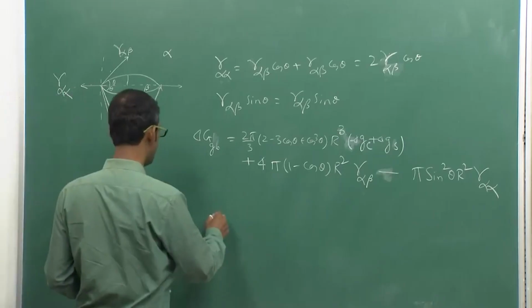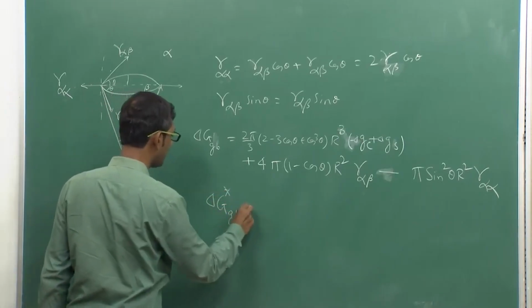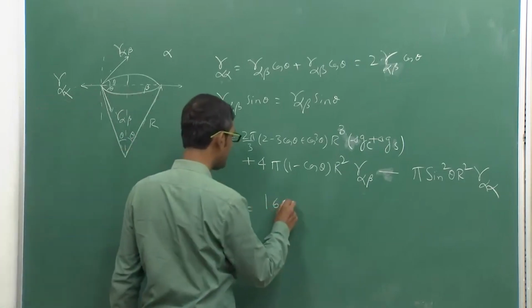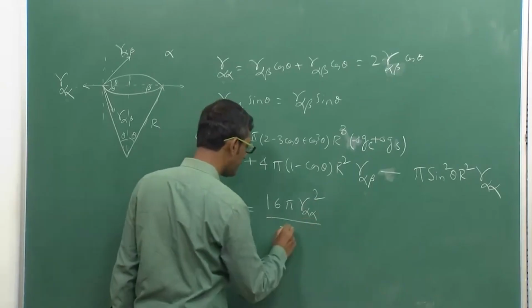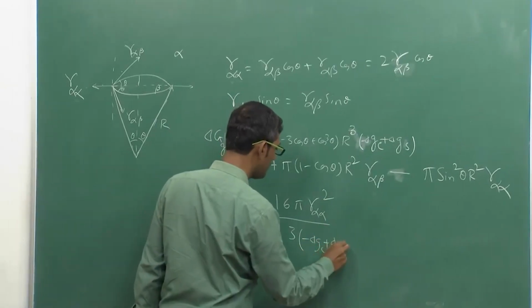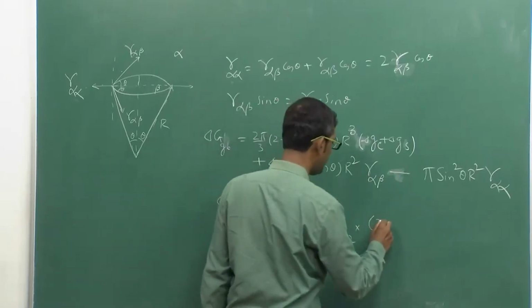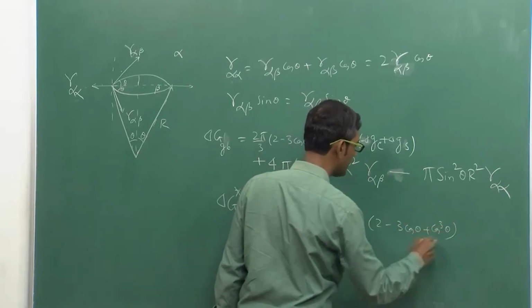So what do you get? Finally, I am not going to do everything. The barrier for the grain boundary equation is again 16 pi gamma alpha alpha square divided by 3 minus delta Gc plus delta Gv square multiplied by 2 minus 3 cos theta plus cos cube theta divided by 2.